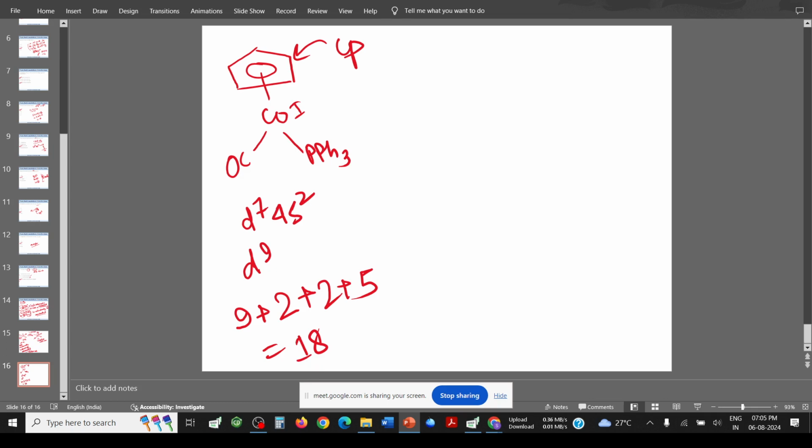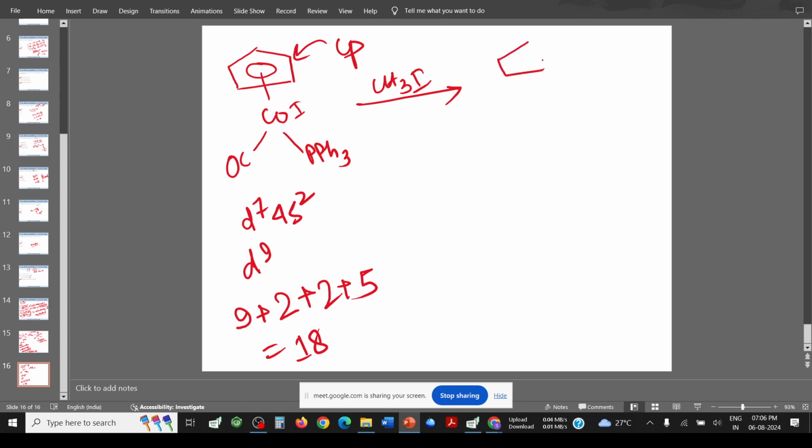Okay. But these complexes also undergo the oxidative addition reaction in presence of methyl iodide. This is an exception to what I have discussed previously. These complexes also undergo this type of oxidative addition reaction.